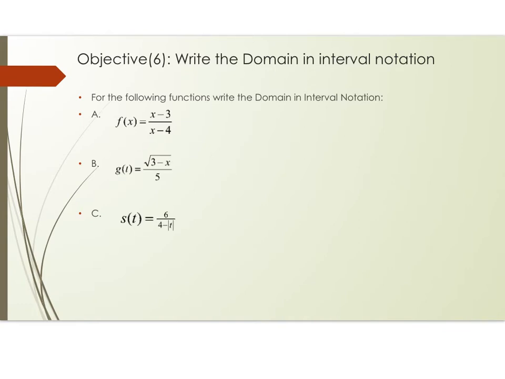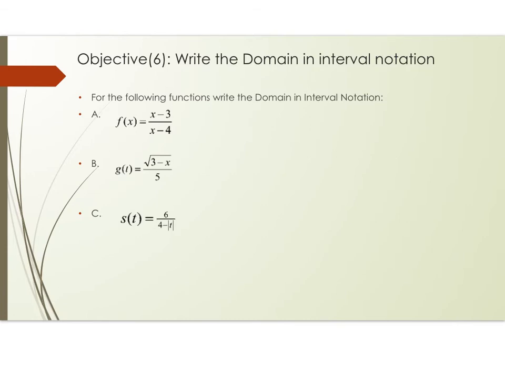So we'll look at number A first, and we ask the question, is there a restriction on x for the domain? And the answer is yes, and we can see that x cannot be 4.